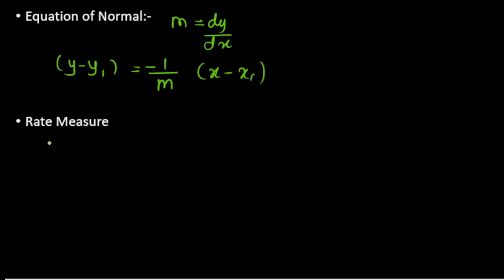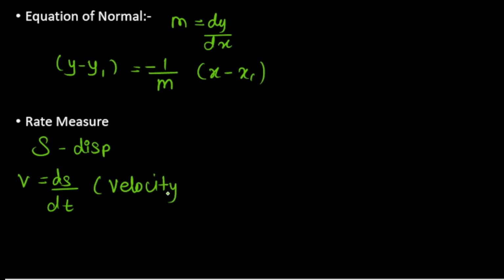Now rate of measure: s is displacement, v is equal to ds by dt, which is velocity, a is equal to dv by dt, which is acceleration.